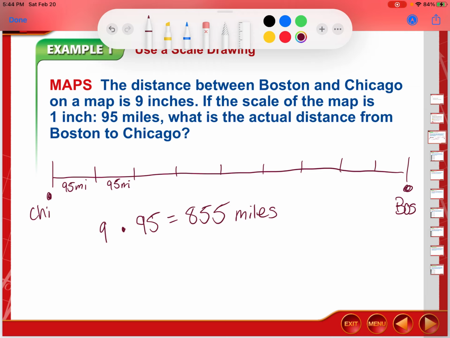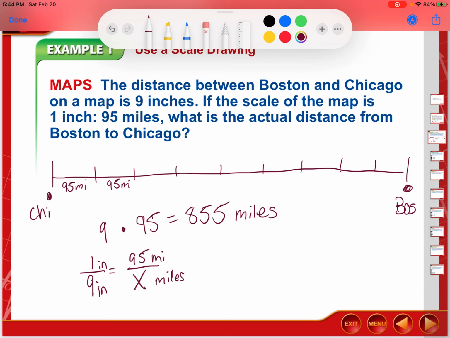Some people set up proportions for these, and personally, I just kind of read the problem and organize it in my head. But if you wanted to make a proportion for this, you could say 1 inch is 95 miles. There are 9 inches in the drawing. How many miles are there in real life?